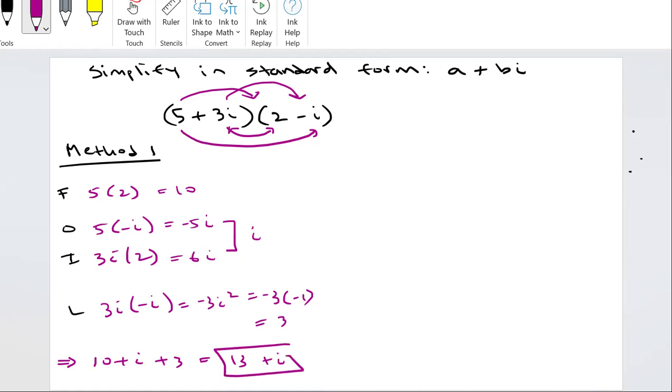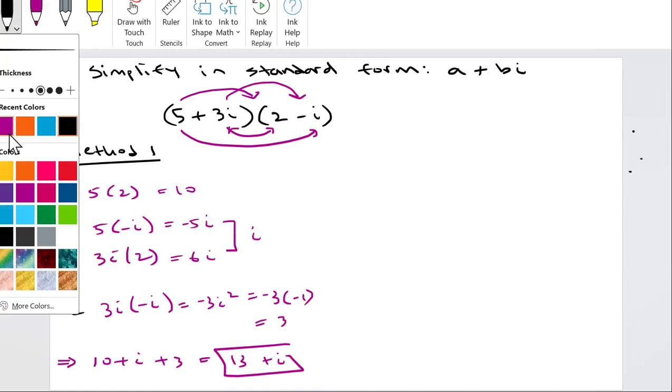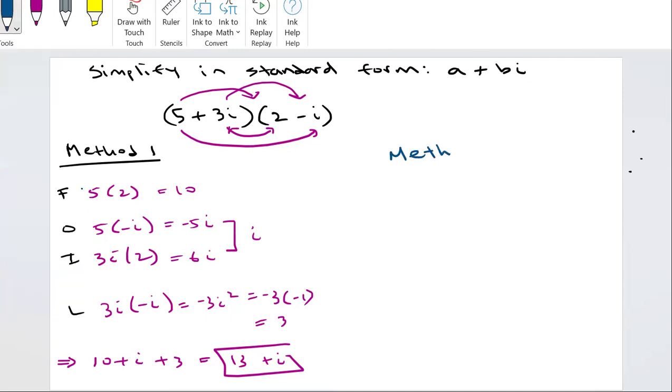Okay. All right, so I know a lot of you are familiar with method one, so keep doing that. The other way I want to present this, which is basically the same thing as the FOIL method, is just basically distributing the terms.